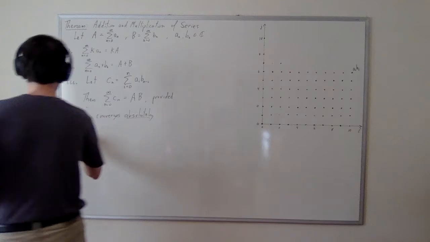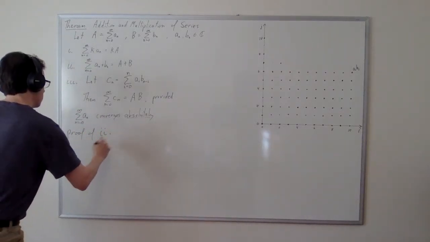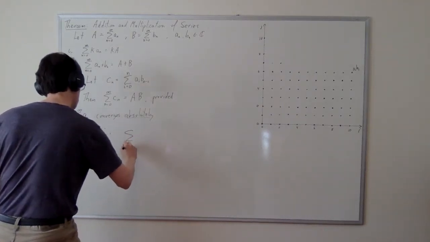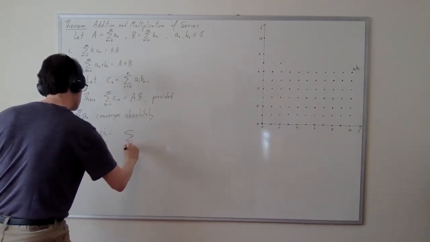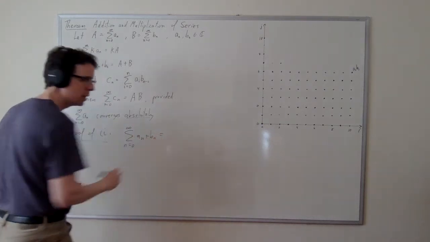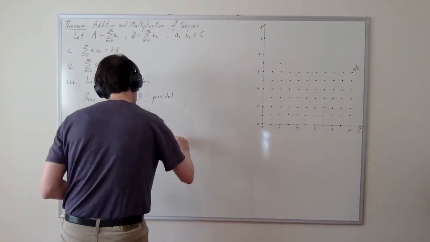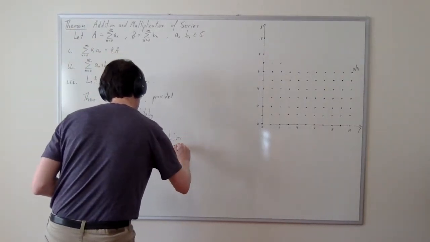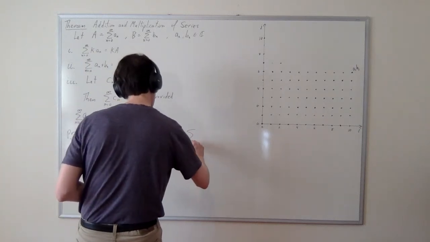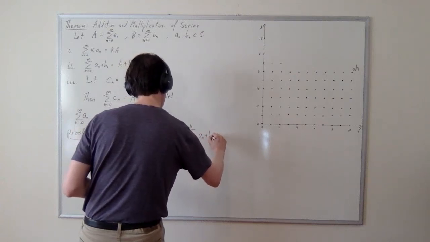So, proof of 2. This series, the sum n equals 0 to infinity of an plus bn, is by definition equal to the limit as capital N approaches infinity of the finite summation, n equals 0 to capital N, of an plus bn.